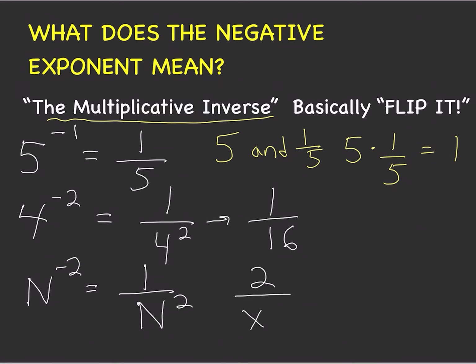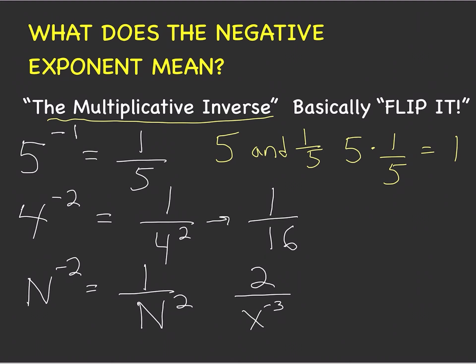And here's another one. You could be given 2, and then x to the negative 3 is in the denominator already, so again, you just flip it. Now, I'm not flipping the 2, because the 2 doesn't have a negative exponent. Like the first one I did on this page, the 5 was to the negative 1. That had a negative exponent.